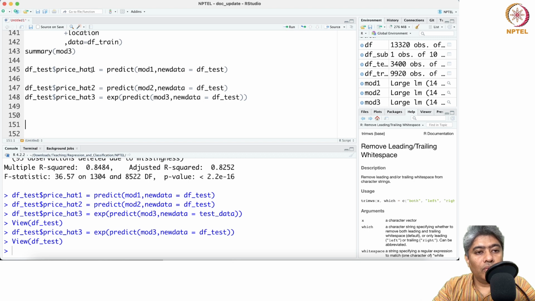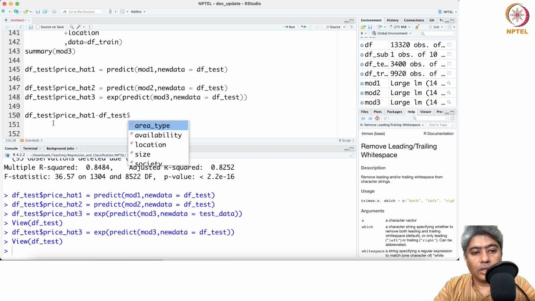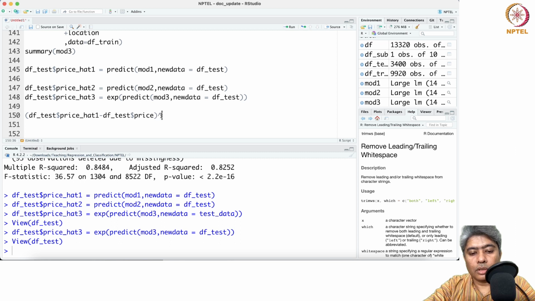So what we will do, we will take the df test price 1 hat minus df test dollar price, square it, take a mean of that, take the square root of that.